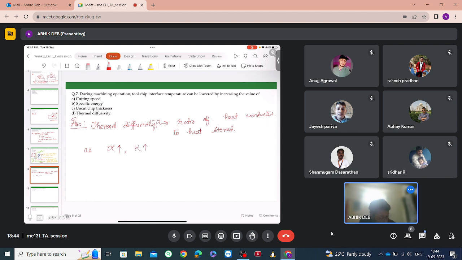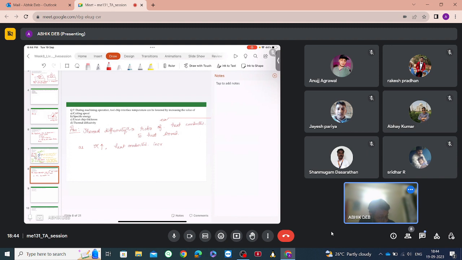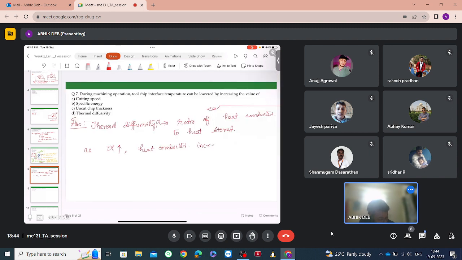When heat is stored, the temperature will increase, but as heat is conducted, heat is being dissipated away. So the tool chip interface temperature will have a chance of getting lowered.